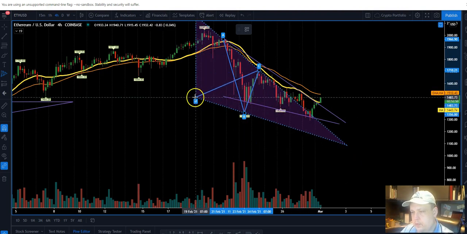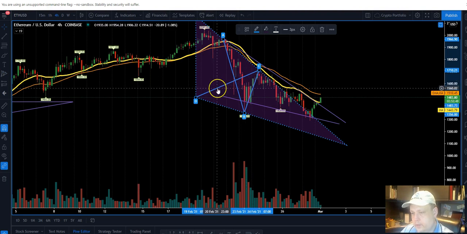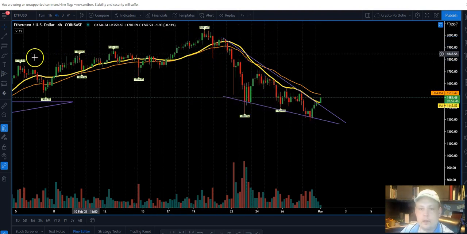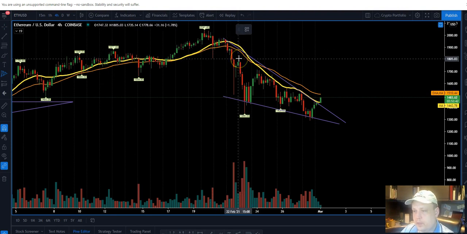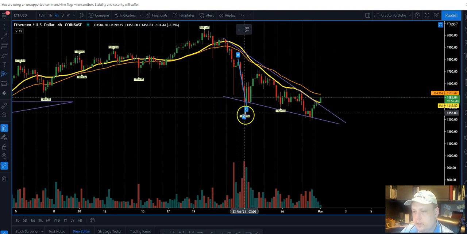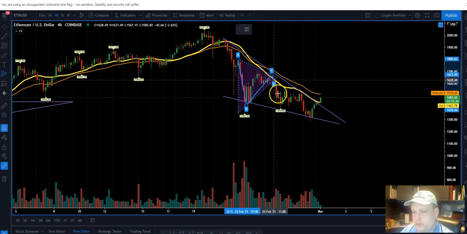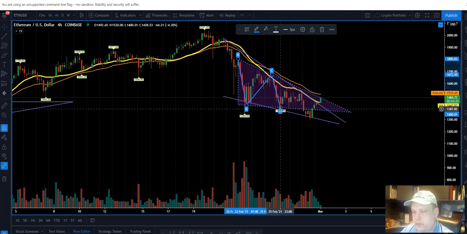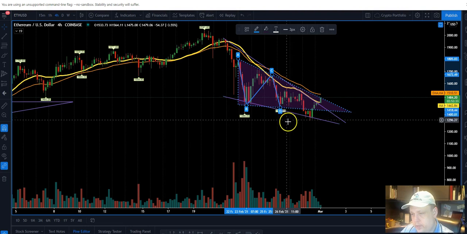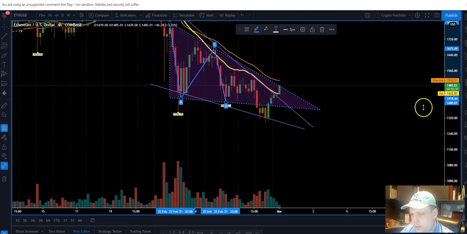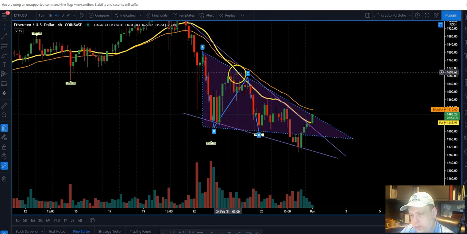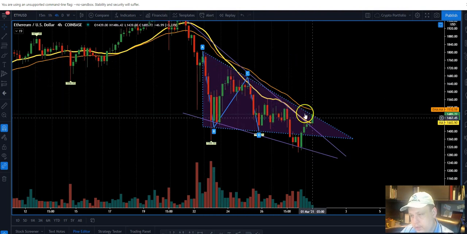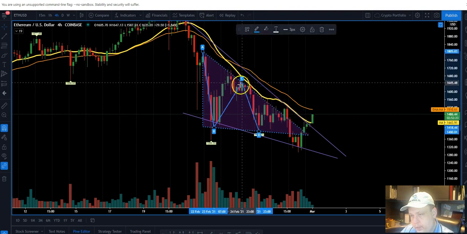Let's see, what's a good way to do this? Let's do it again. Maybe it's more like this, to this, to this, to this. All right, so we're just there. It can be said that if you're using the wicks like this, we're still just about breaking out.